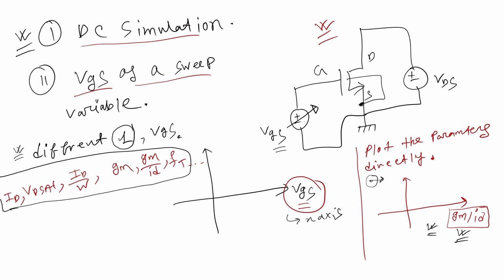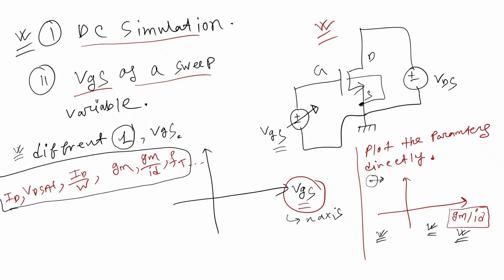Depending on the different lengths, we can easily find our desired point in our graph, which is applied in our hand calculation to complete the design and achieve a result similar to my specifications. So the main target is to draw everything against GM over ID and find the parameters in Cadence.